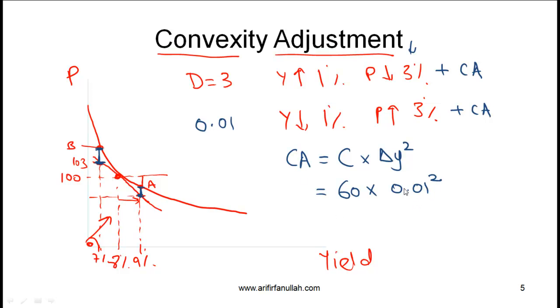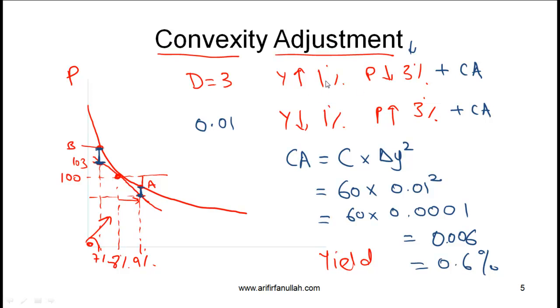So after doing these calculations, you get 60 times 0.0001, which is equal to 0.006, which is equal to 0.6%.